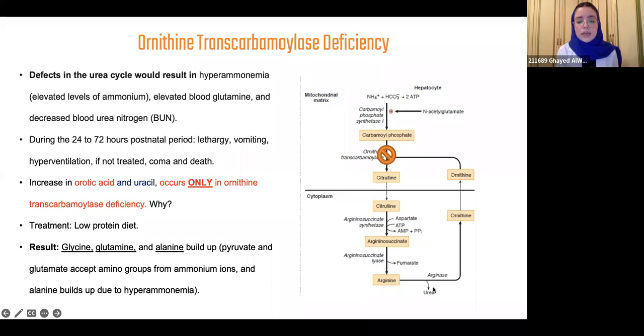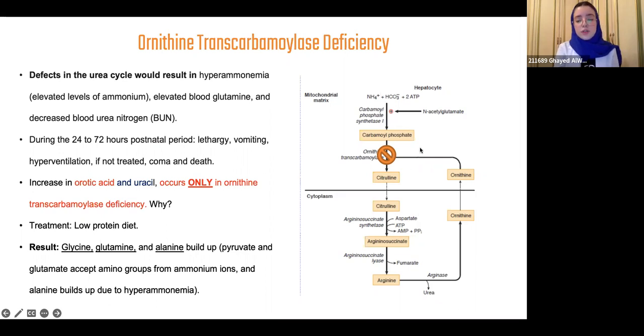However, the problem is if a person has, let's say, an ornithine transcarbamylase deficiency and they're eating a lot of protein, they're going to have really high levels of ammonia, but the body doesn't know how to get rid of it because the urea cycle isn't working.